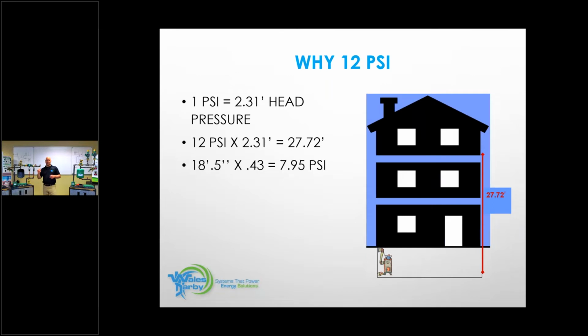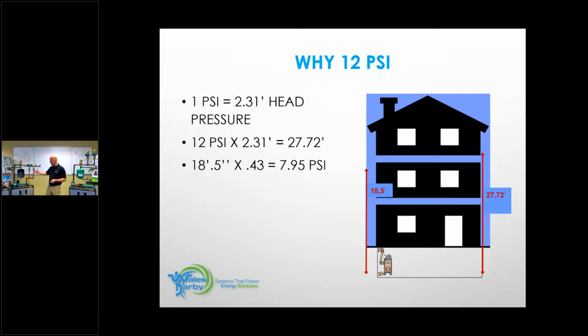So 18.5 feet times 0.43, that's 7.95. Add 4 to that, basically you're at 12, right? So you have 18.5 feet from the boiler to the highest point in your system. That usually equals about a 2-story house. That's where the 12 PSI came from.